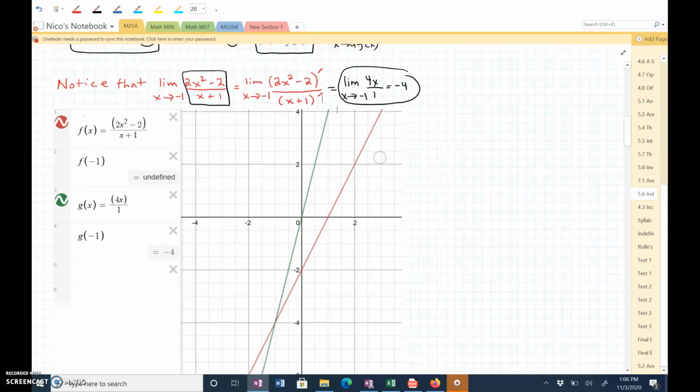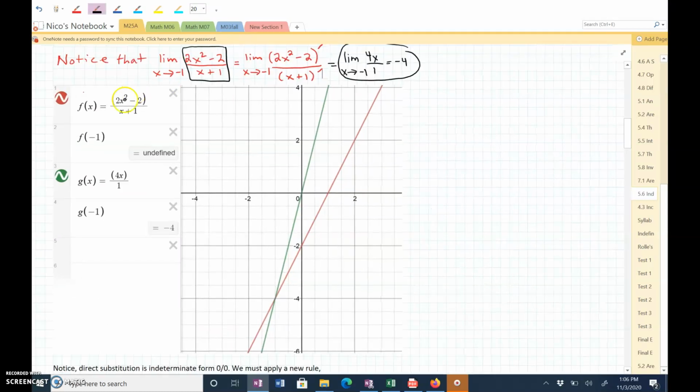Another way to look at this, if we look at this original function and try direct substitution at x is negative 1, this would be the red line right here. Well, that point there is undefined. Okay?